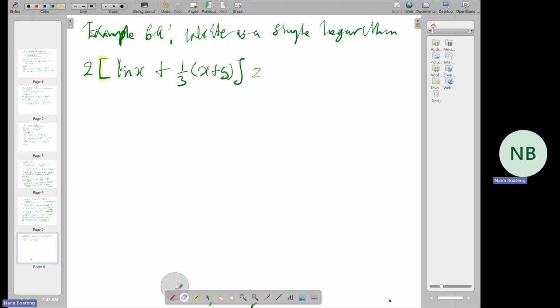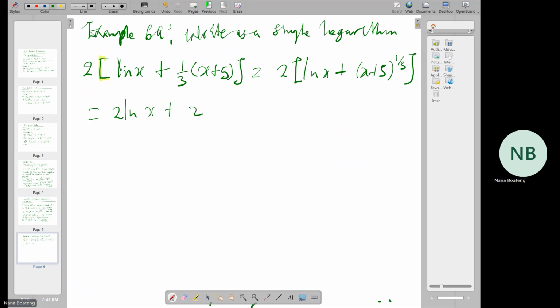All right, so using the power rule, what's on the inside would first become 2 log of x plus log of x plus 5 to the power 1/3.